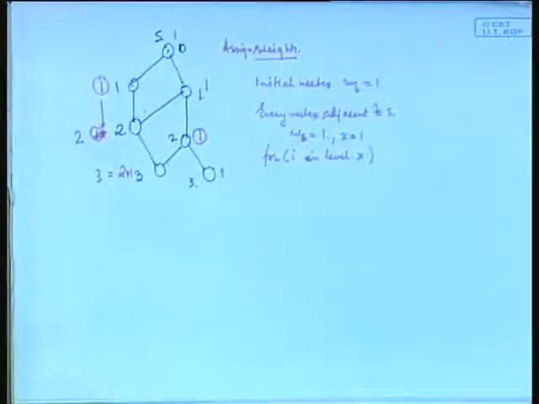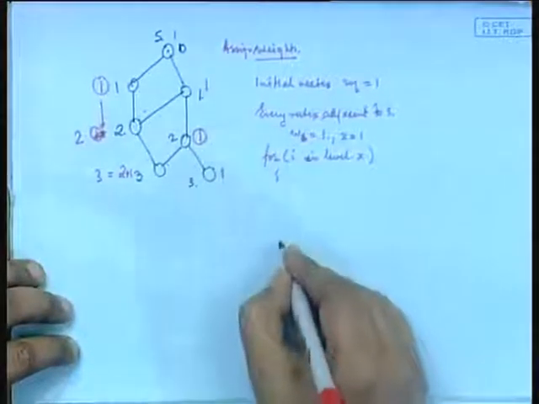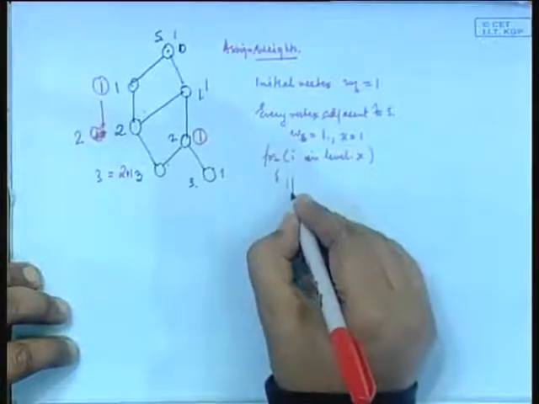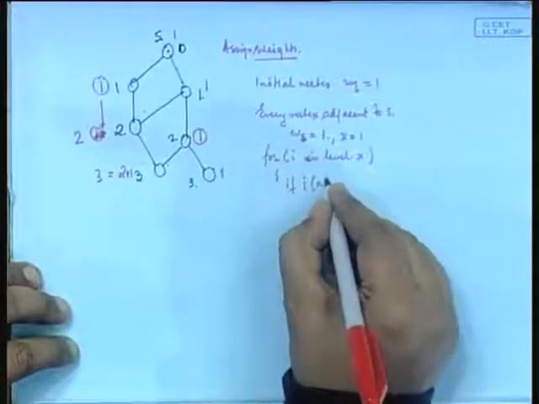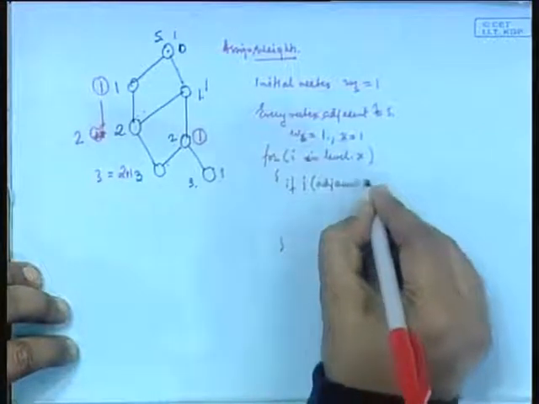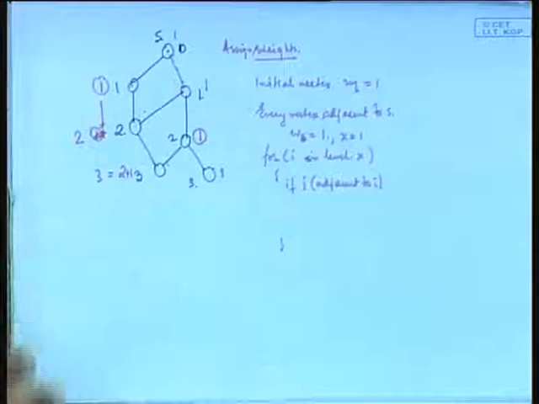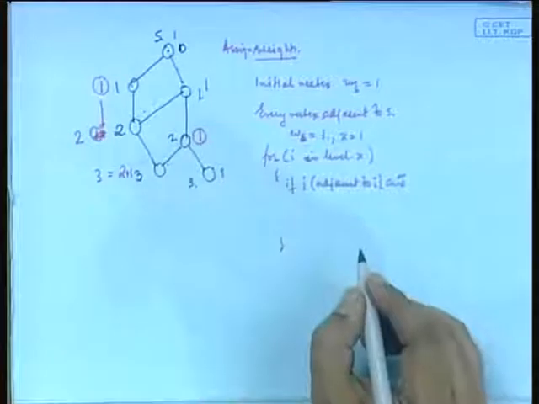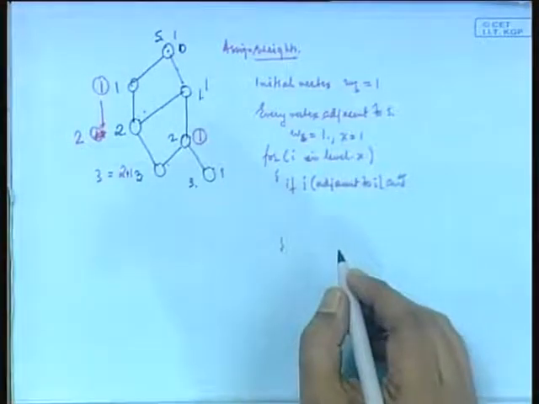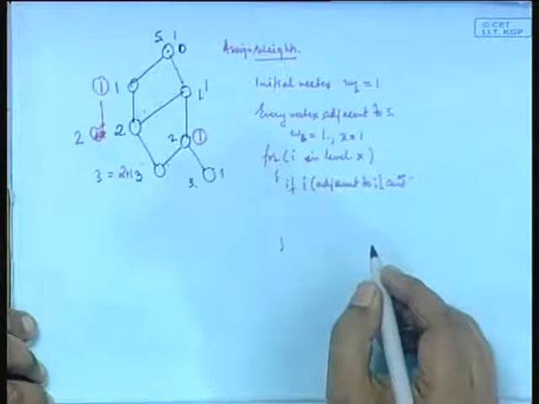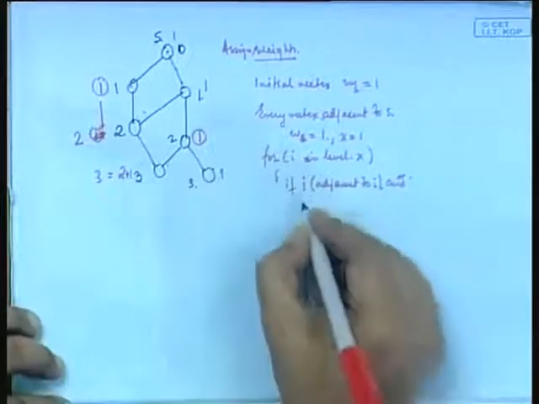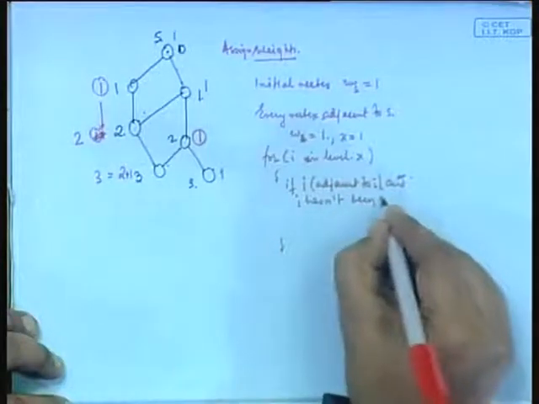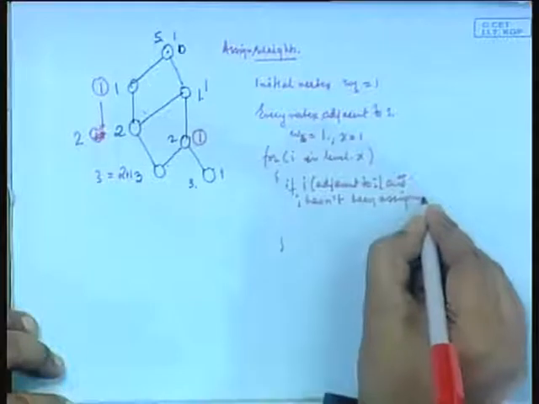For I in level x, what happens? If j is adjacent to I, and what? Tell me. And j has not been assigned any weight.